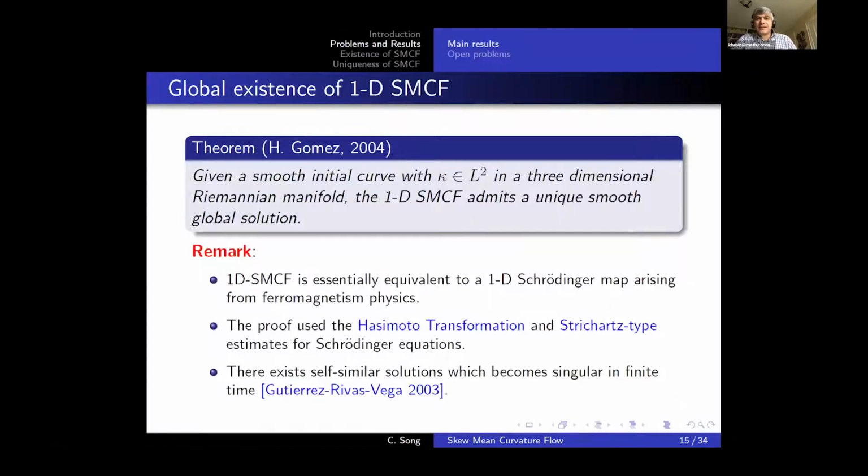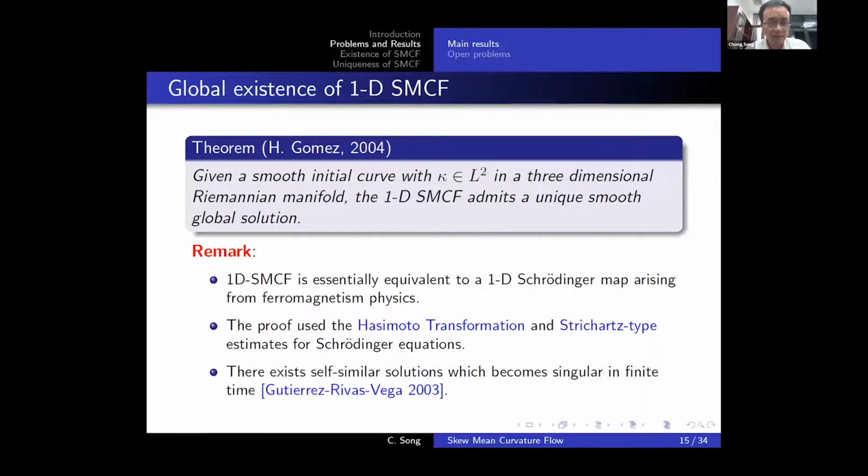First, we can recall the existence results of 1D Schrodinger curvature flow. I believe this problem has been studied by many people, but here I only quote one, which I think is very general.